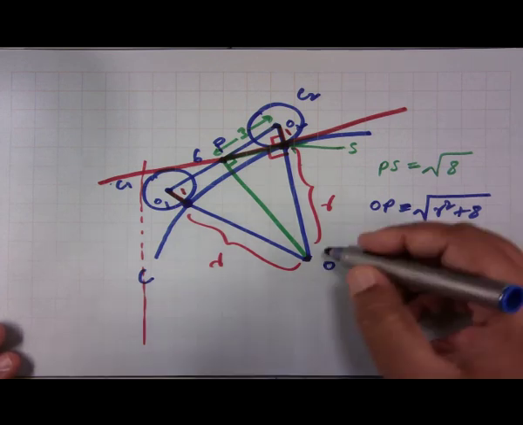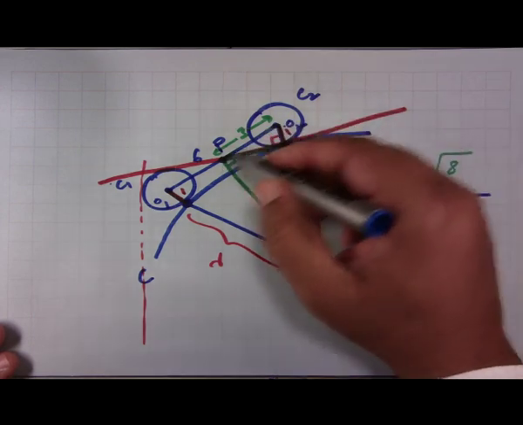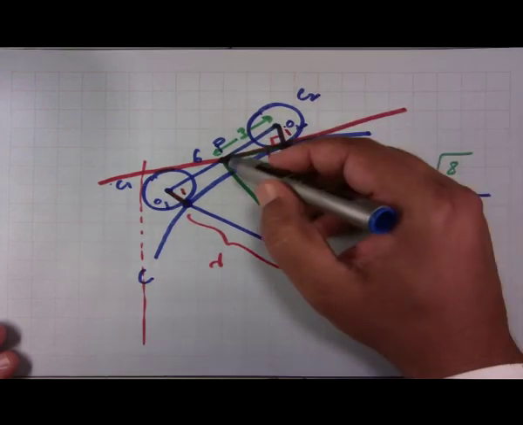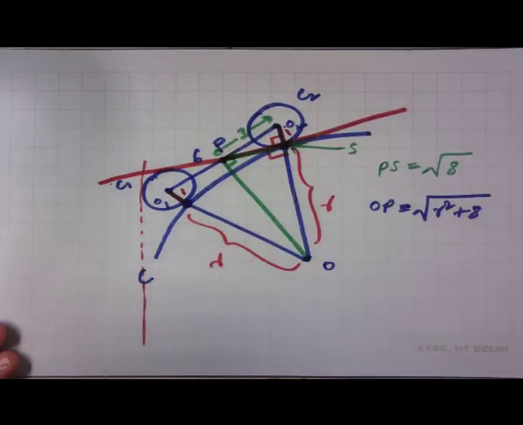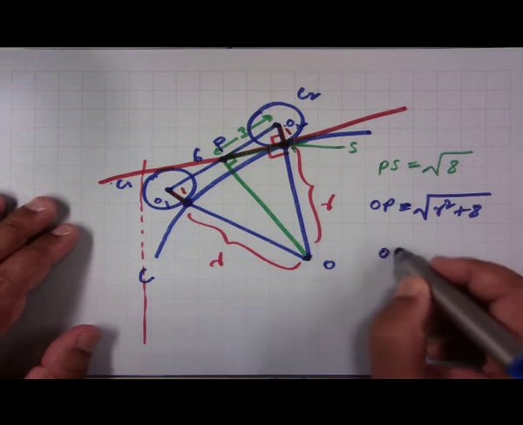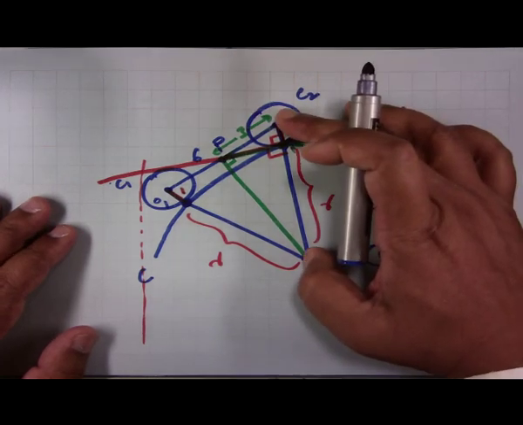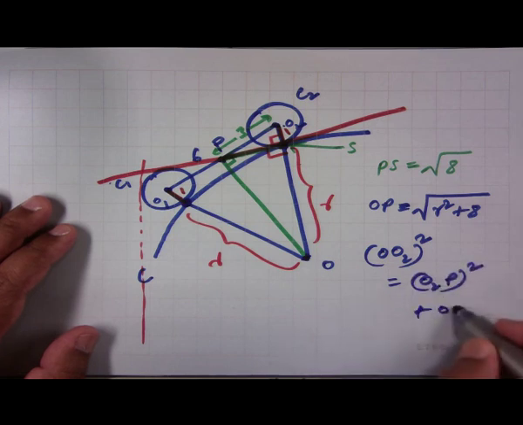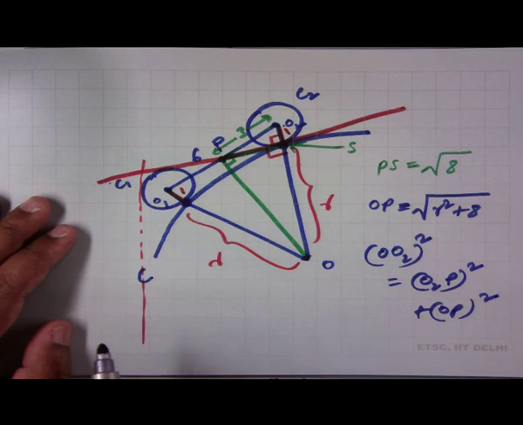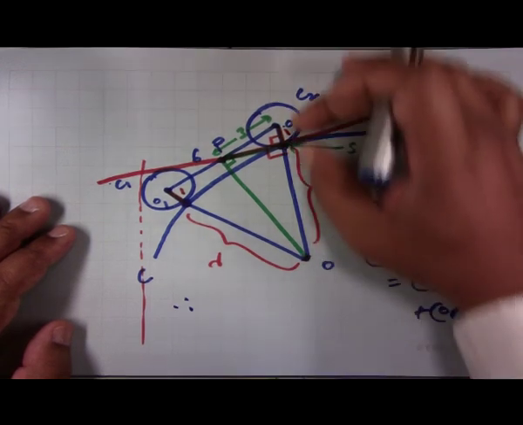Now, going back and considering the right angle triangle OPO2, we see that OO2 square is equal to, because this is the hypotenuse, O2P square plus OP square. Now OO2 is r plus 1.